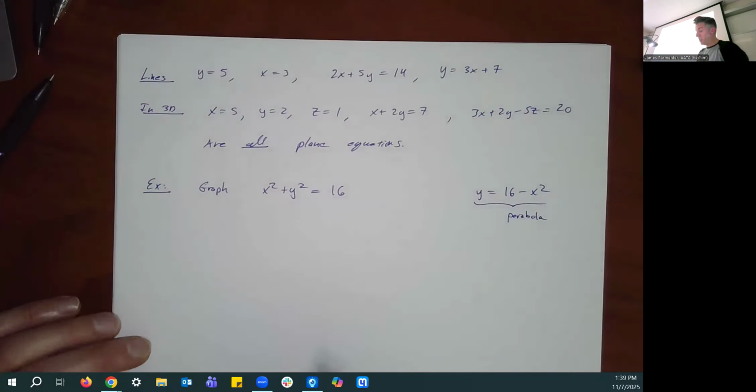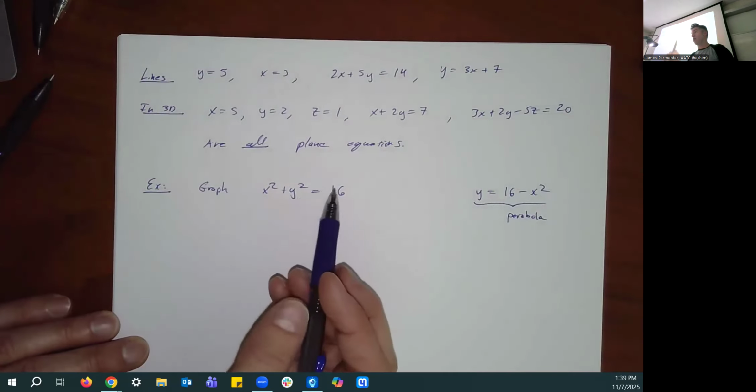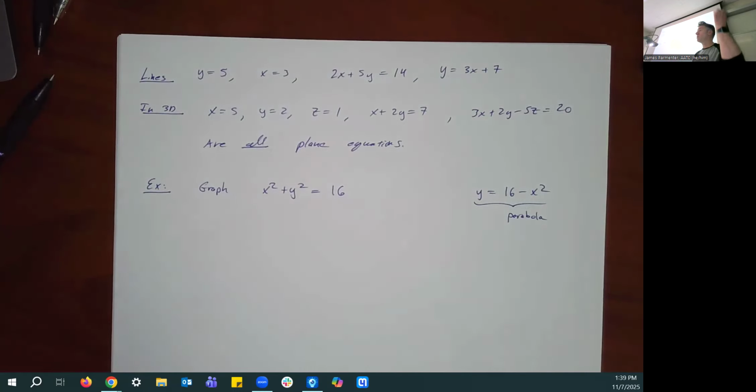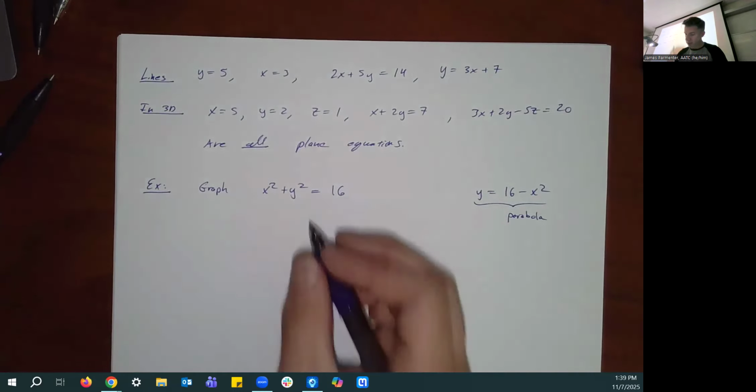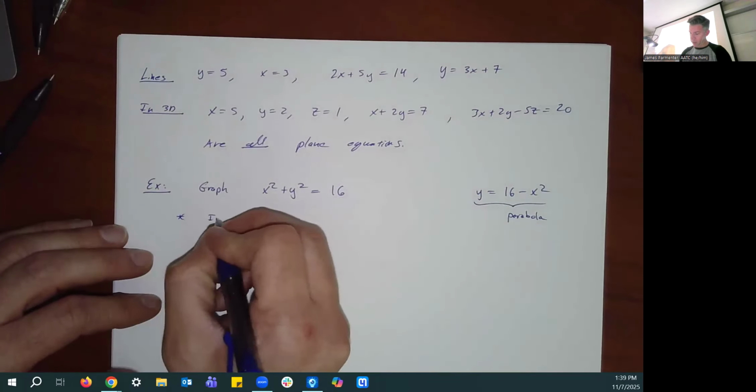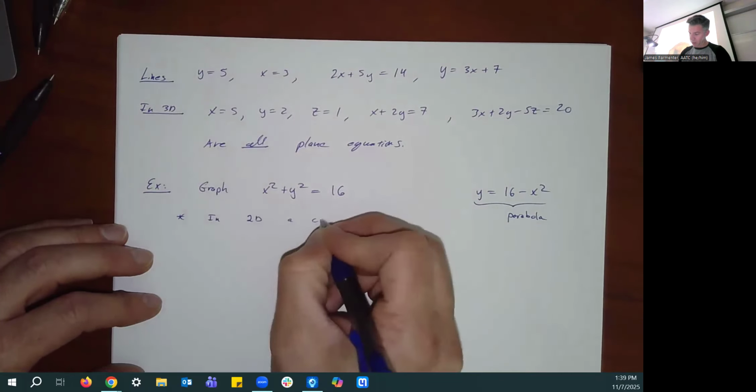But this equation where you have x squared plus y squared equal to some number that's often a square number, that's the graph of a circle. This is a circle in 2 dimensions.